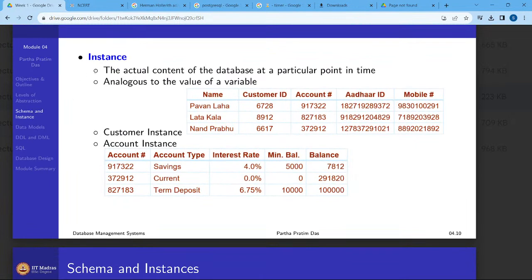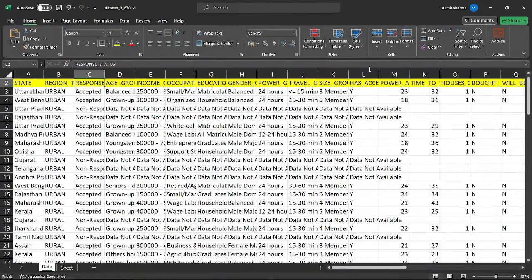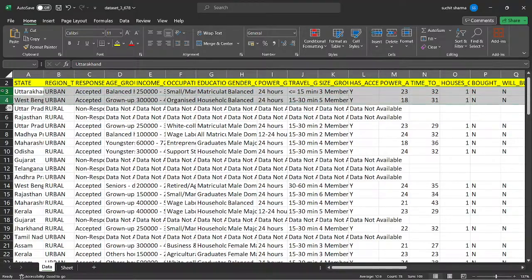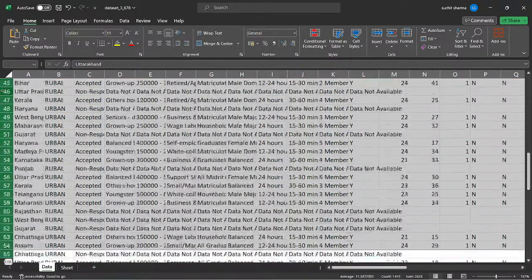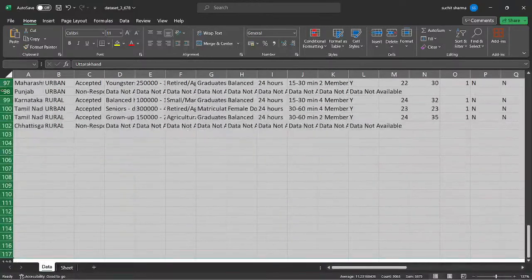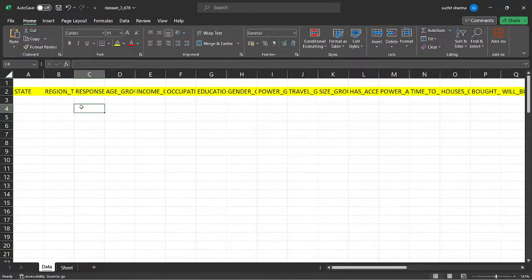Instance, right? This is the actual content of a database. Now in a column, everything except schema is an instance. Instance is basically the data that exists as a table. Let's say this is an empty table, right?